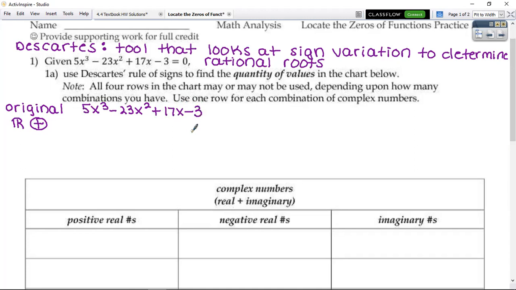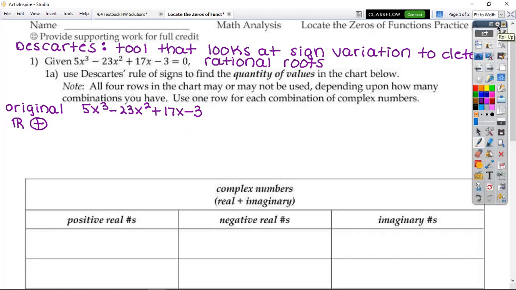Okay, so here's my original. So I'm looking for how many sign variations do I have? So I went from a positive to a negative. So isn't this one? And then I went from a negative to a positive. Doesn't that vary? 2. And then positive to a negative. Isn't that a sign variation? 3. So we have 3 sign variations.